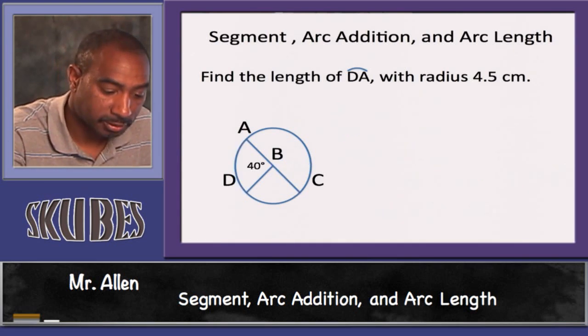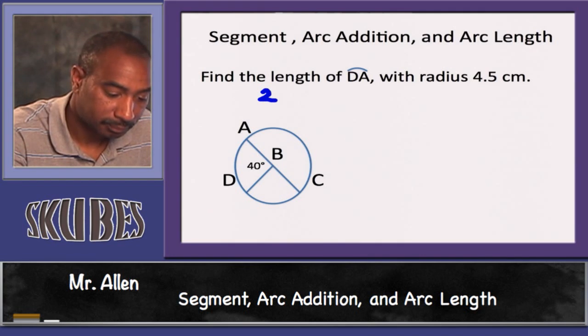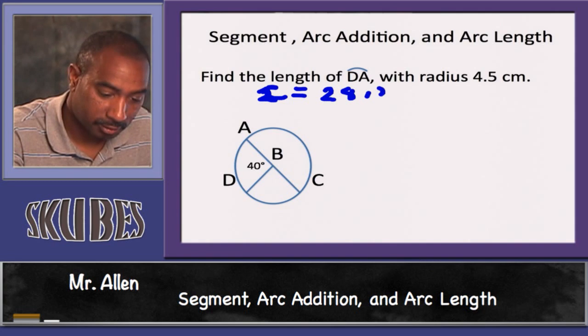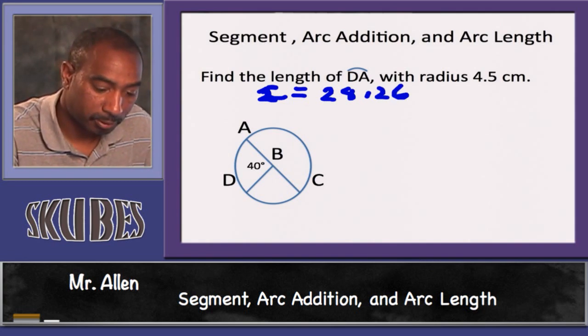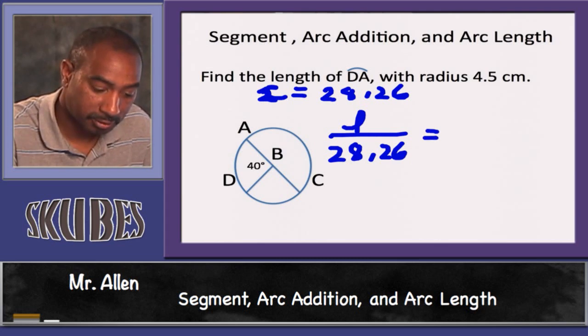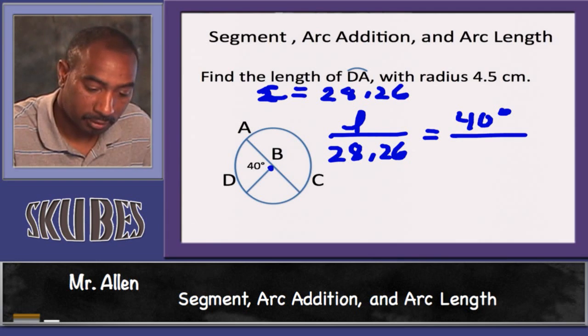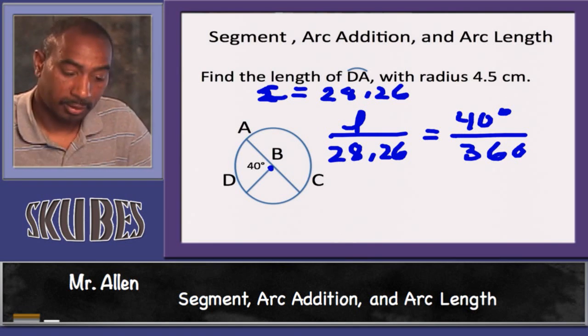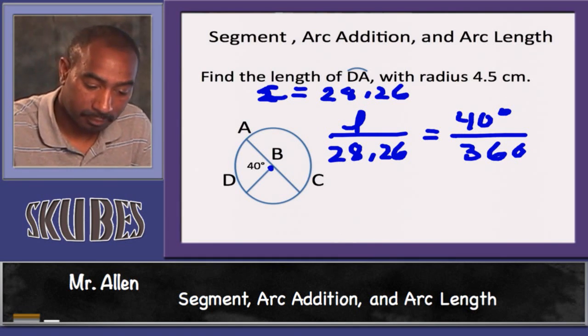All right, so now that we know the circumference is 28.26, we're going to set up the rest of the proportion. We're trying to figure out the arc length here. So the circumference is 28.26. We know that the central angle is 40 degrees. And you set it equal to the total angles of the circle, which is 360. So what you want to do is cross multiply.